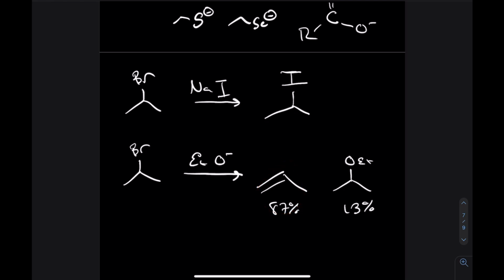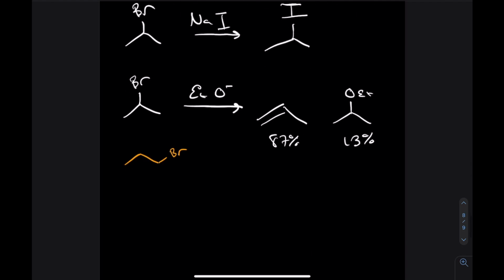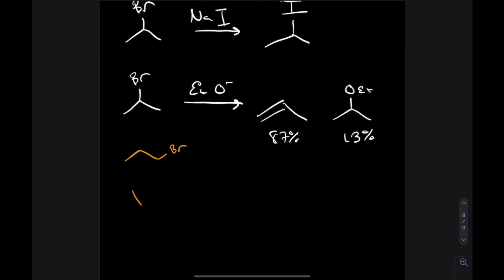Now with methyl halides and primary halides, SN2 predominates with a strong base. So if this halide, for instance, were instead something like this, you would end up with SN2 reactions that push that forward. This would now suddenly be more favorable to give you an SN2 reaction. With tertiary halides, an SN2 reaction is going to be impossible, and so the only thing that you would have is an elimination reaction.